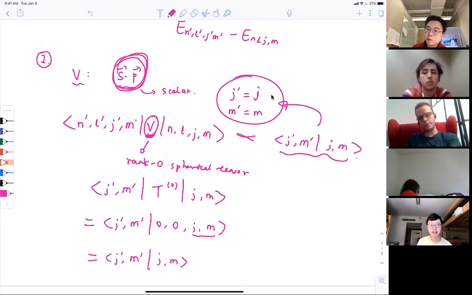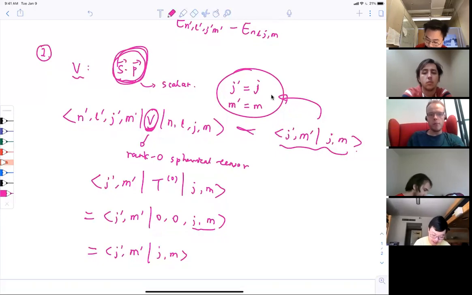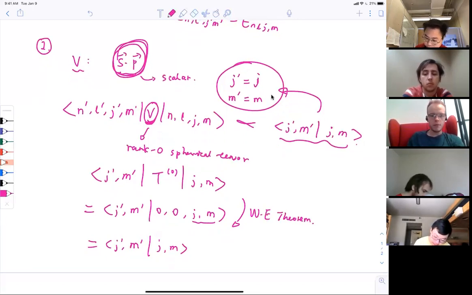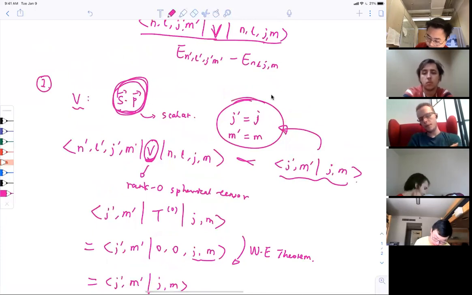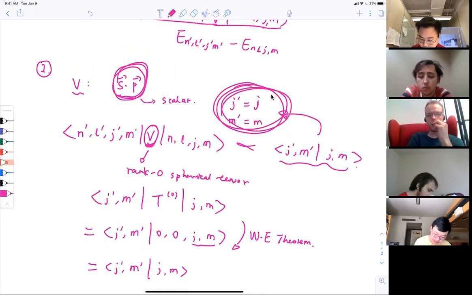If it's spin 1 or some finite spin, then it will rotate under some rotation, if you rotate the system. So this is nothing but the Wigner-Eckart theorem. So this would imply this constraint.